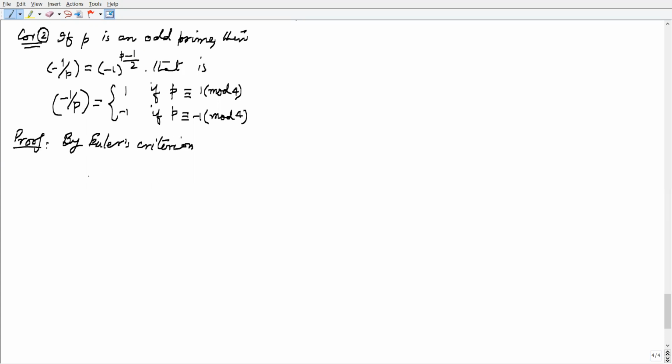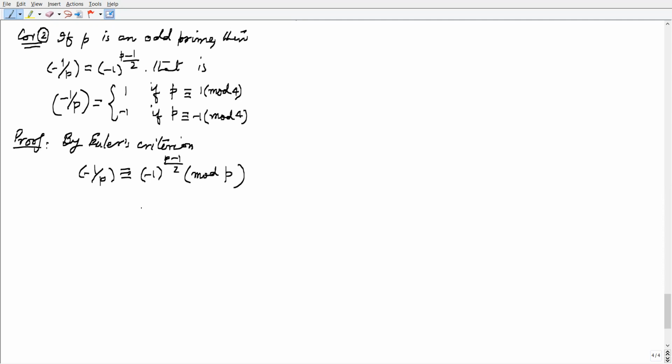By Euler's criterion, the Legendre symbol of -1 over p is congruent to -1 to the power p minus 1 by 2 modulo p.